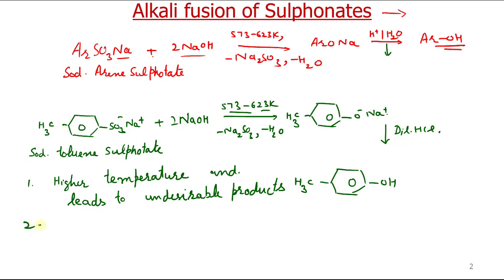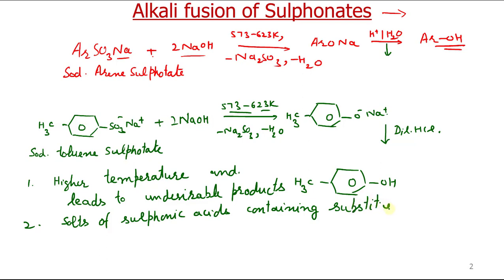The next limitation is that this method cannot be applied to salts of sulfonic acids which contain substituents such as COOH, carboxylic acid, or halogen Cl, or even NO2.